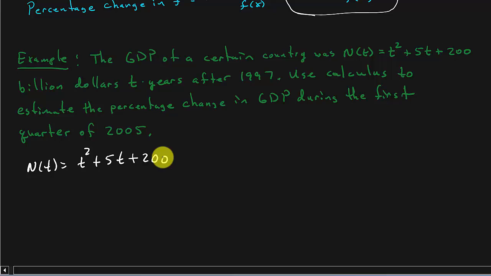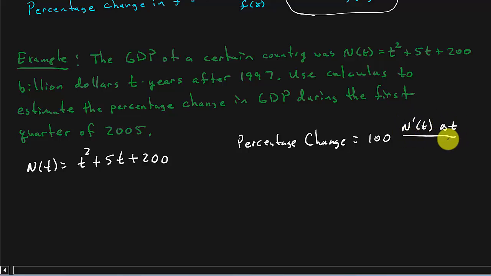So how do we do that? The percentage change in this problem is going to be 100 times N prime of t times delta t over N of t.